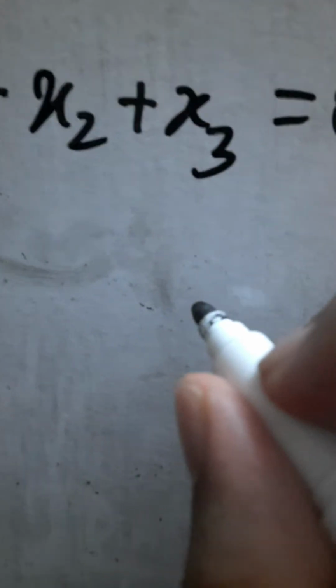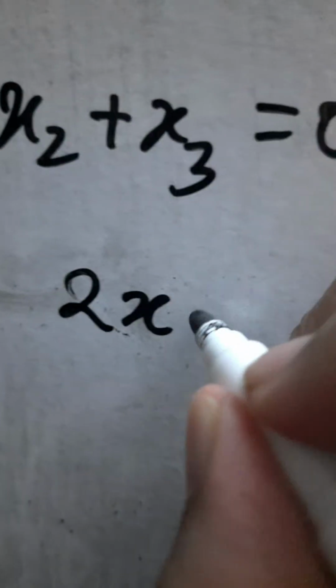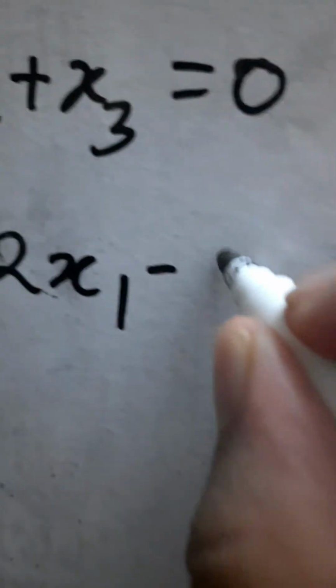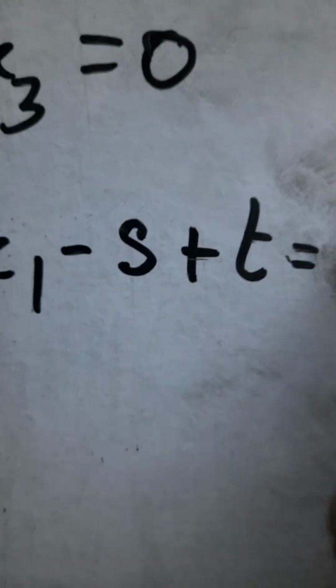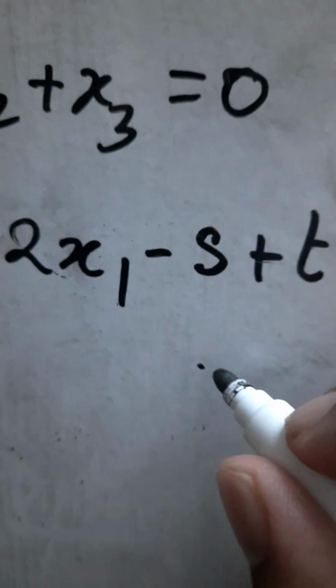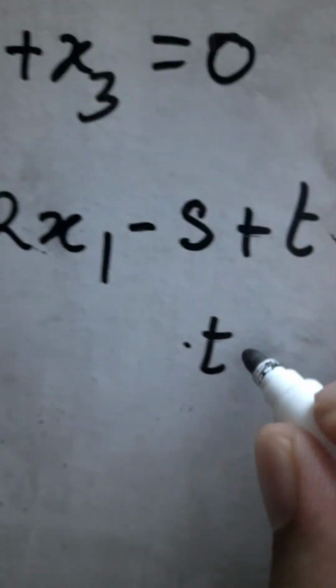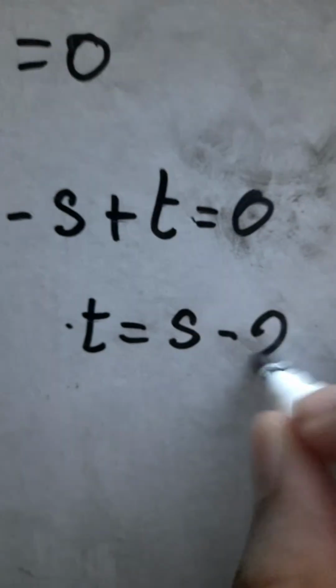Let's take s. Okay. 2x1 minus s plus t equal to 0. So, t is equal to s minus 2x1. Let me show how it is. 2x1 goes on the other side, sign change, minus 2x1.